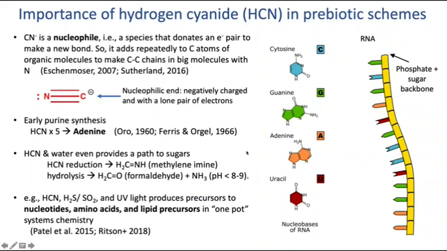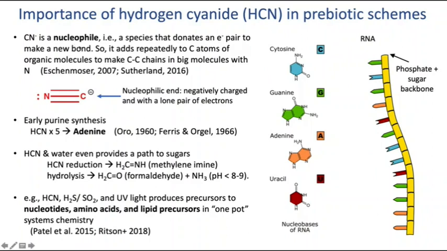In the past 10 to 15 years, successful pathways with relatively high yield of biomolecules have been worked out that use the same simple building blocks. And cyanide is a key component of such schemes. A cyanide-based origin of life has been advocated by organic chemists for decades because cyanide is a nucleophile.